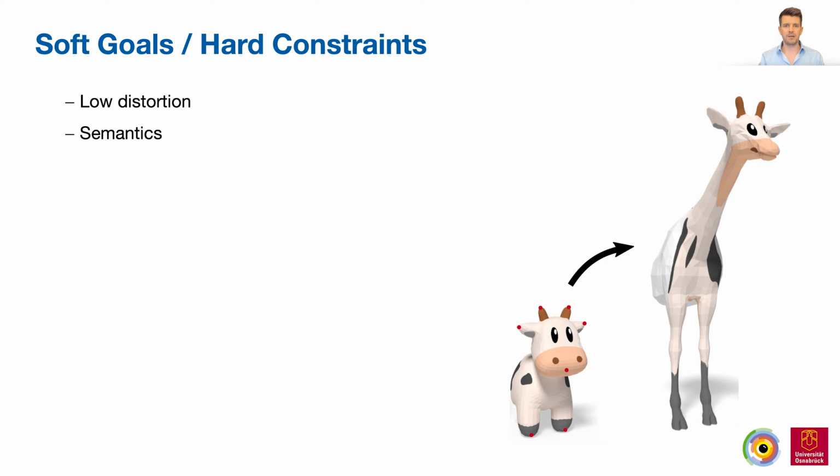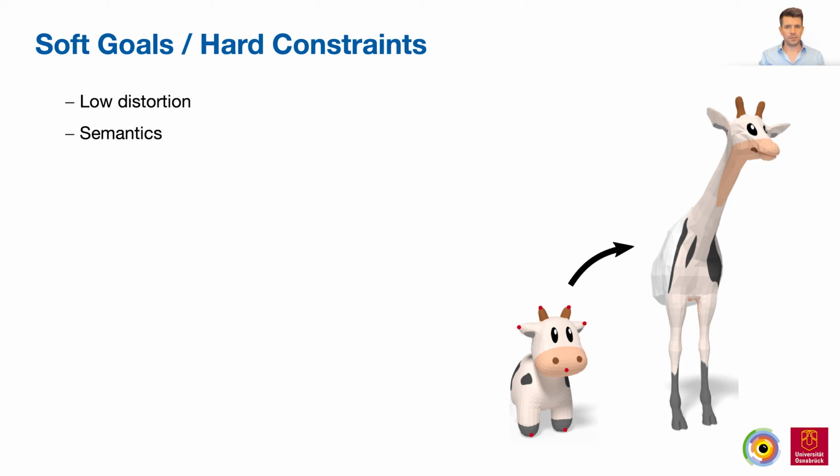For instance, the cow's nose is mapped partly down the giraffe's neck, or its hooves reach almost up to the giraffe's knees. In other words, the map is unaware of these semantic categories. And taking such semantics into account is a highly challenging issue from an algorithmic perspective. In the field of machine learning, there are efforts underway in this direction, but this is beyond our scope here today. We focus on geometric and topological aspects.